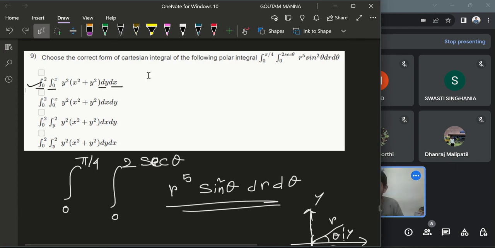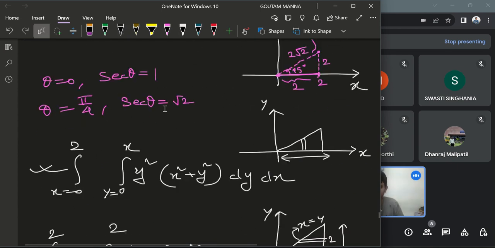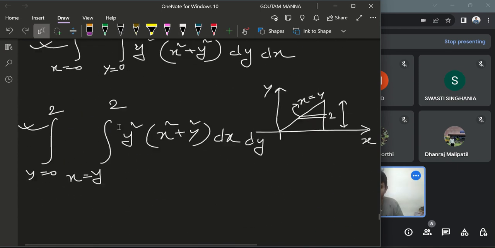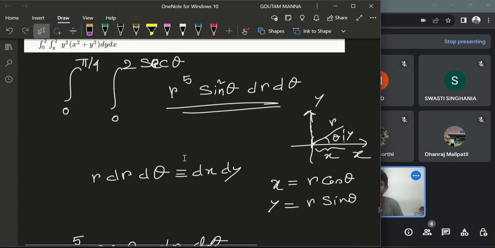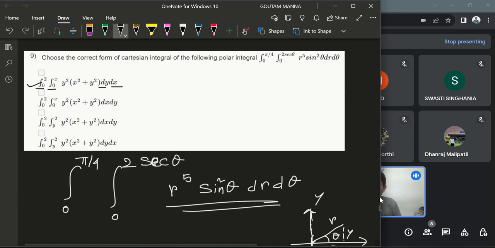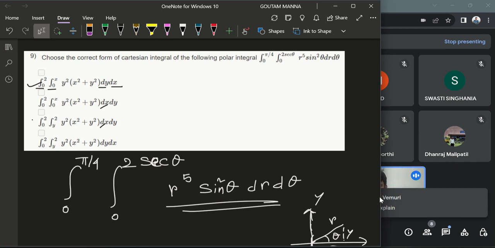This is the correct option. And for this one, x will be going from y to 2 and y will be going from 0 to 2. So if you do the x integration first, x will be going from y to 2, so this is also correct.